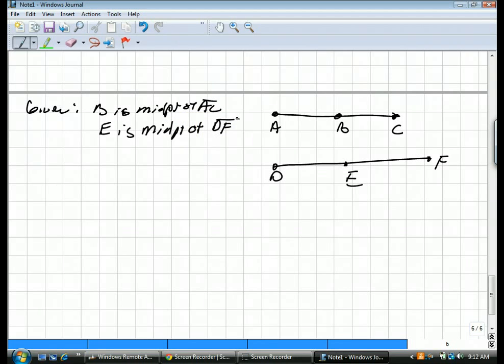Okay? And we're also told that length of DF is greater than length of AC. Okay? So DF is a longer segment than AC.